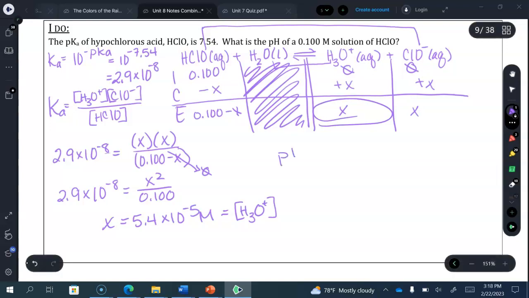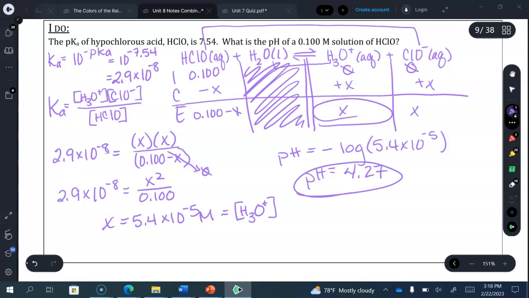So we can then calculate the pH of this solution, because that is going to be equal to the negative log of the hydronium ion concentration. Plugging it into our calculator, you should get 4.27 for the pH of this solution.